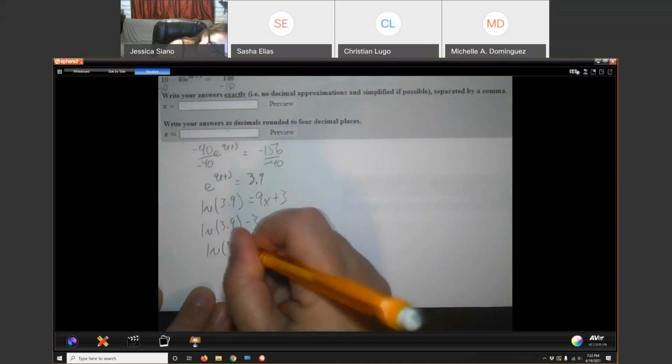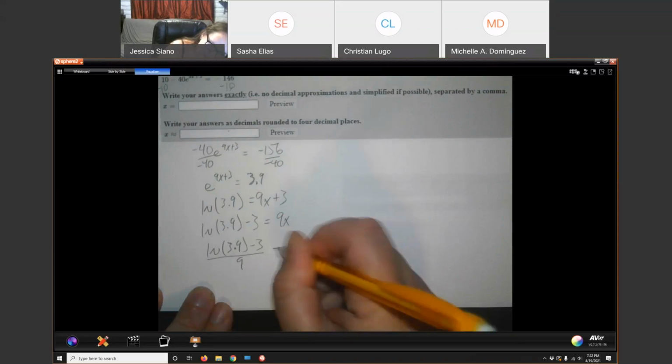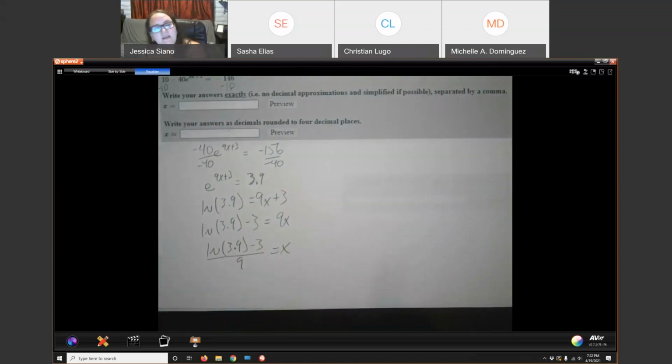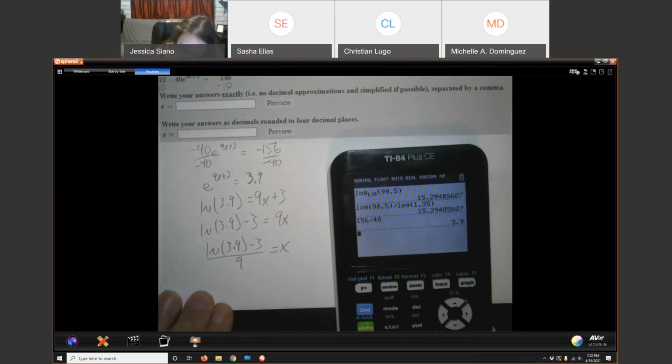So your exact answer is the ln of 3.9 minus 3, and then that whole thing divided by 9. And then that would make your rounded answer the ln of 3.9 minus 3, divided by 9, which is negative 0.18211.